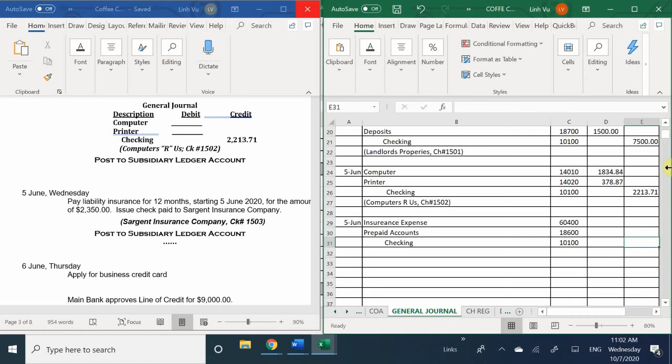Now, how do I determine one month's worth of insurance? Divide the amount by 12. Correct.